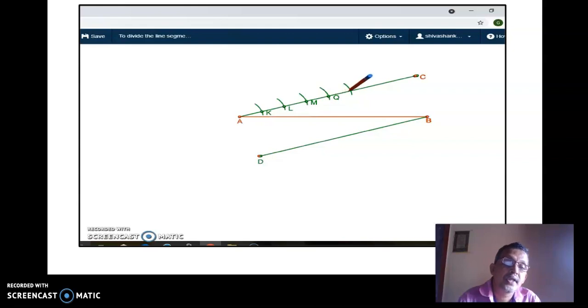Now this is the last point, R. Similarly, with the same radius from the point B, cut 5 equal arcs on BD like this.